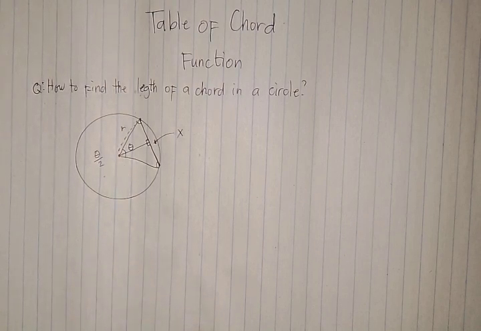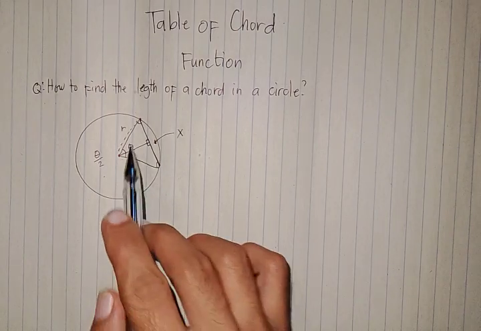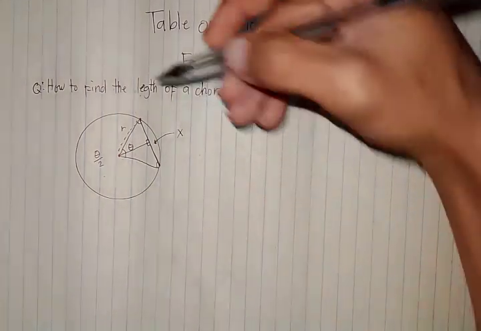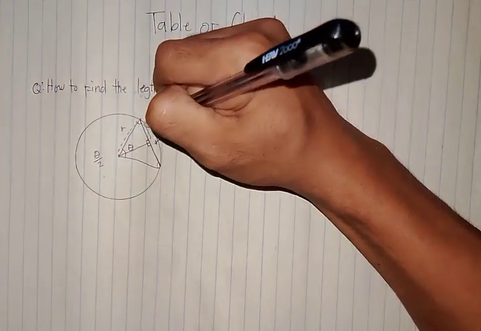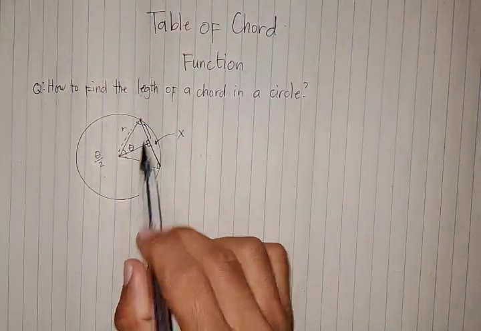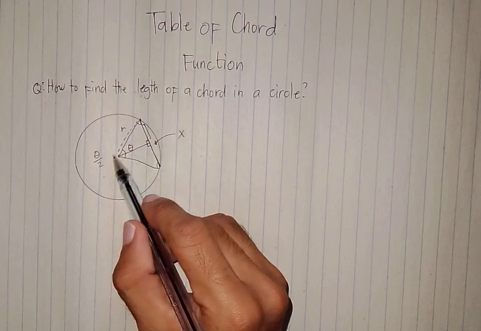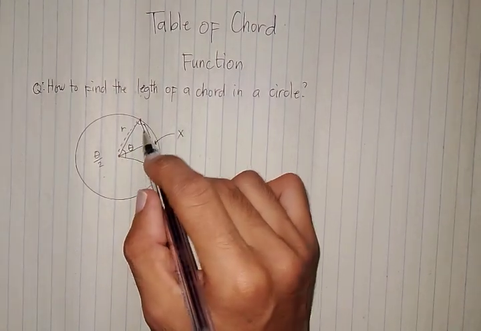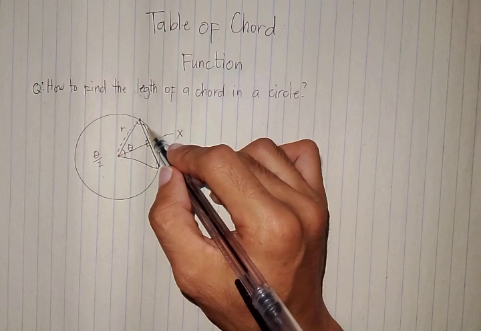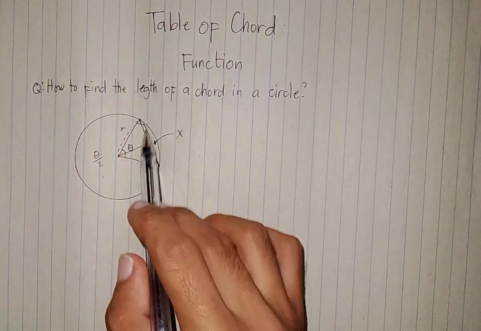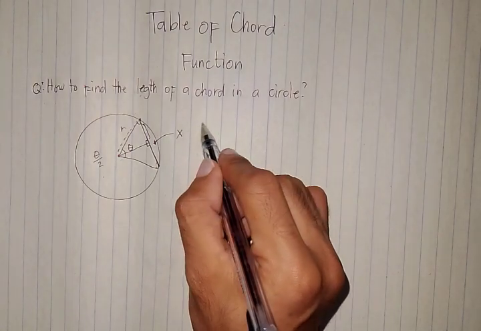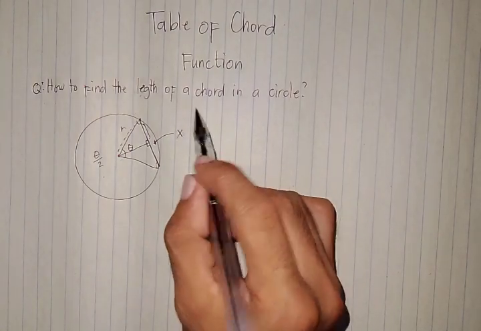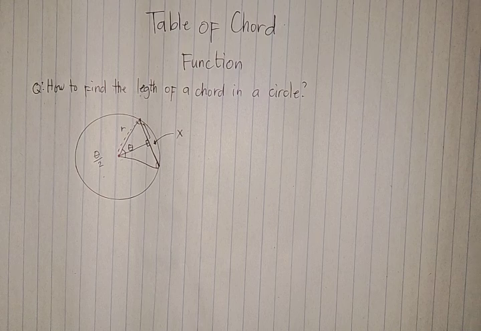Then you also need to observe that if you find the measure of this side of the triangle, and then double it, you will know the length of the chord, right?